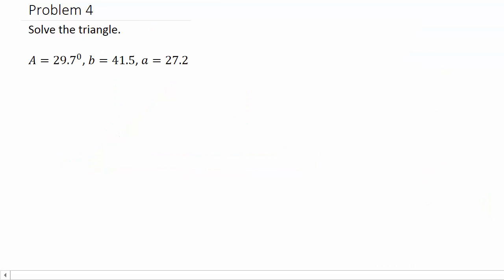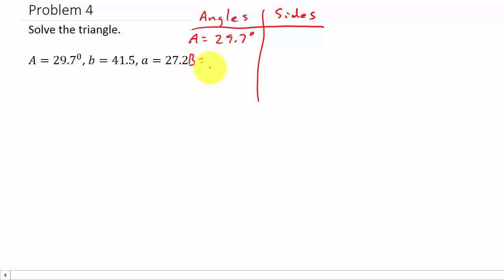Alright, so solve the triangle. Just like in the other videos, I like to make a table. So I've got angles, sides. I've got A is 29.7 degrees, angle B we don't know, angle C we don't know.